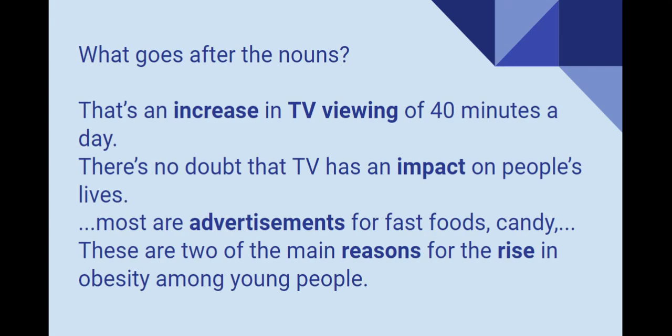Please read the sentences and notice what goes after the nouns. Increase in, TV viewing of, impact on, advertisements for, reasons for, and rise in. If you notice, all of these nouns are followed by a preposition.